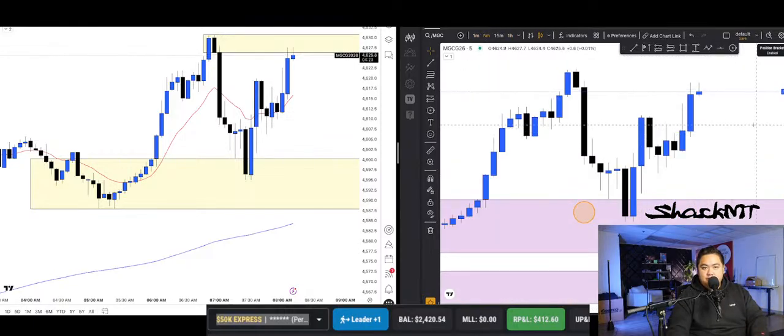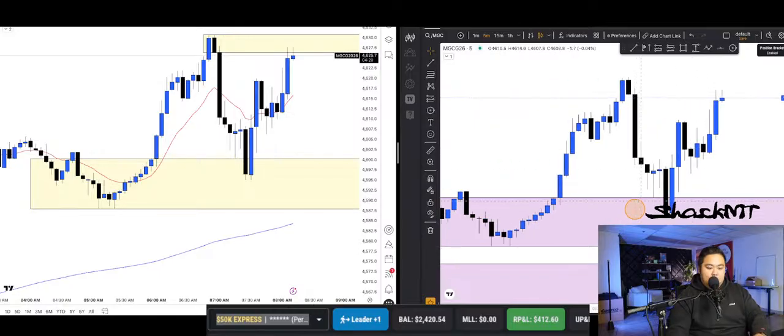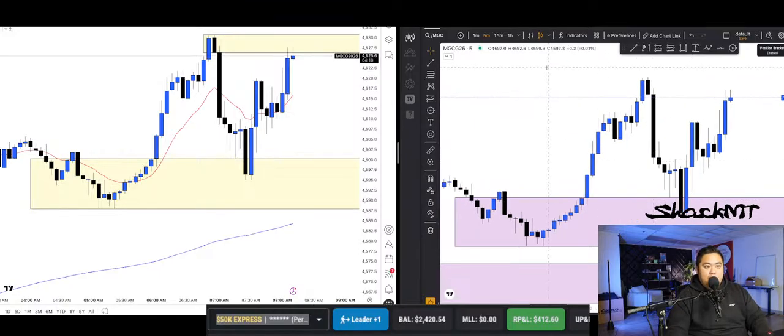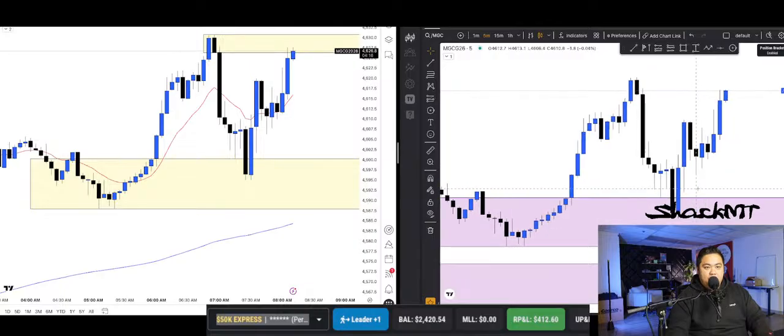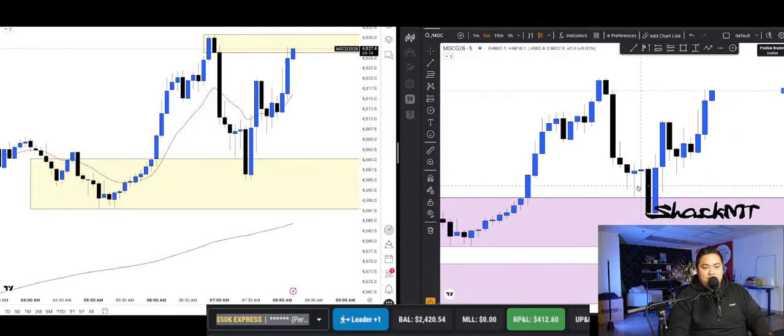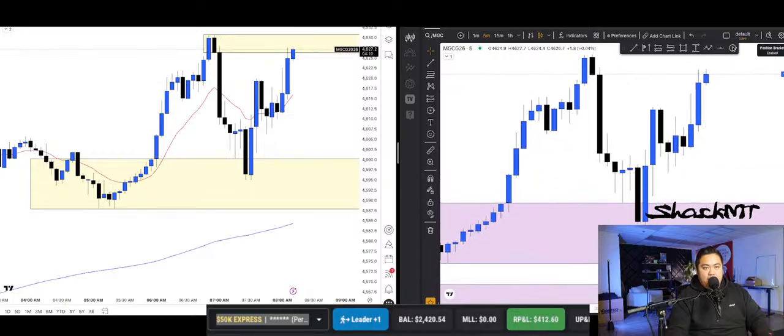Secondly, we go down to the 5-minute time frame. Gold taps the 1 hour demand, breaks lower, and then we have this 5-minute engulfing candle. This 5-minute engulfing candle indicates buyers in the market, right?